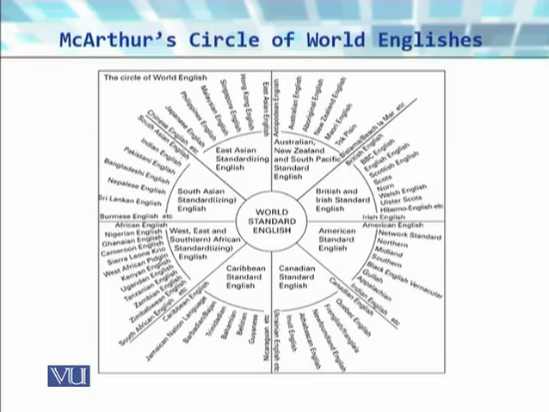A spoke, as you must know, is a thin metal rod which links the rim of a wheel to its center in a bicycle. So these varieties are divided by these spokes, and then each variety is in a way connected with the variety on the other side of the spoke, and then they are connected with the center, which is the World Standard English.